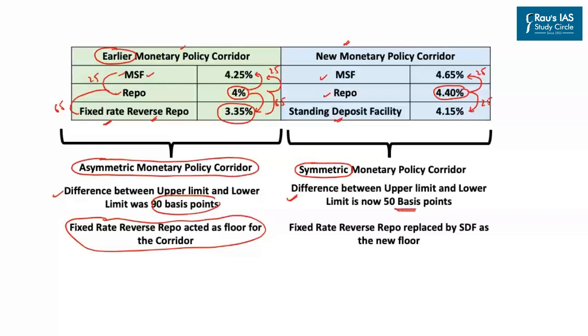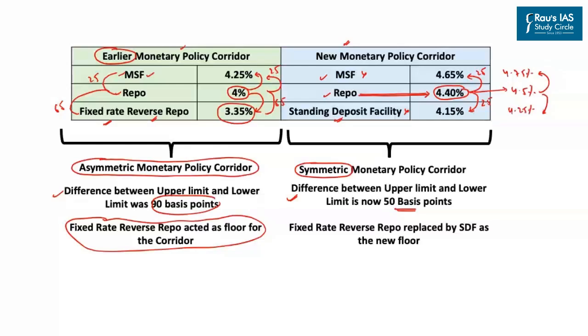What happens in the case of the monetary policy corridor here is that RBI normally does not change the MSF or the standing deposit facility. The Monetary Policy Committee announces changes in the repo. For example, say the repo has been changed to 4.5%. Automatically, MSF would become 25 basis points higher, which means 4.75%, and standing deposit facility will be 25 basis points below, which means in this case it will be 4.25%.